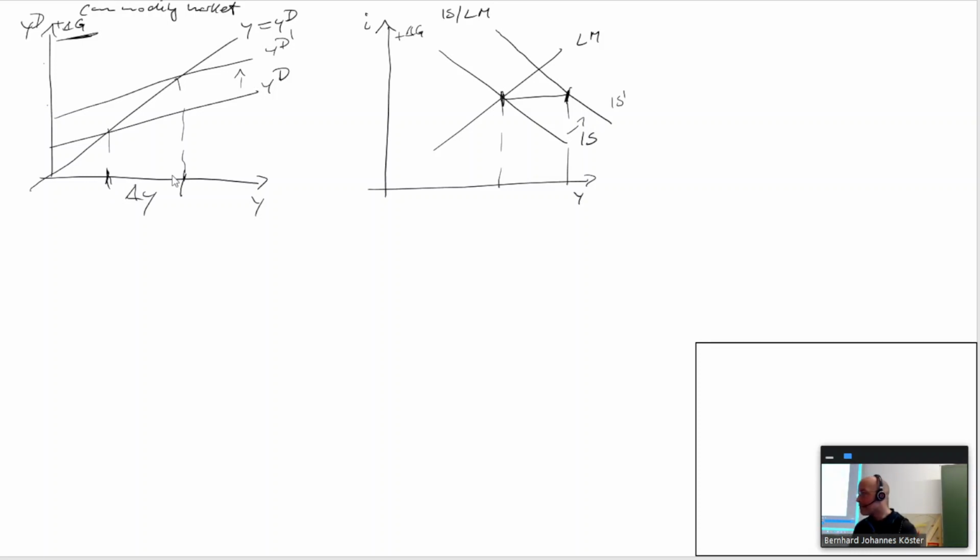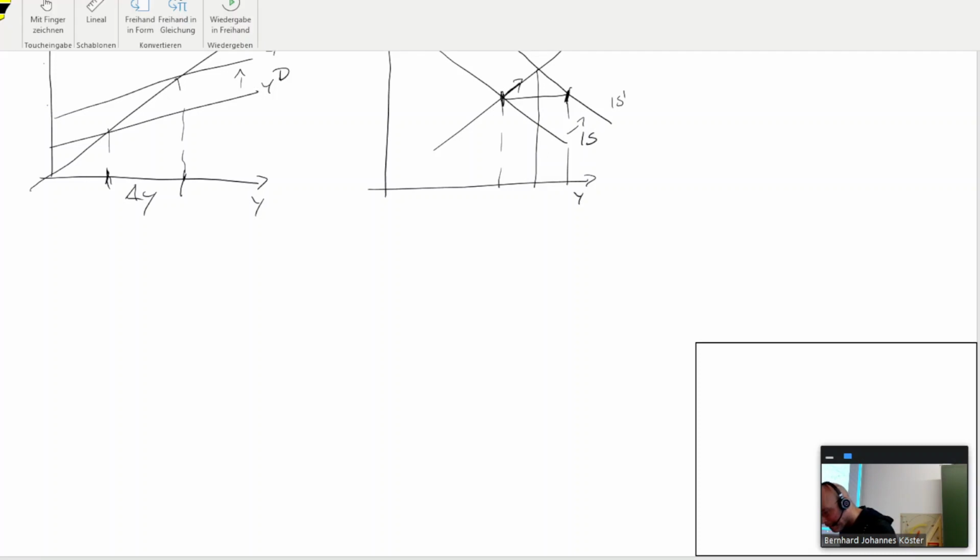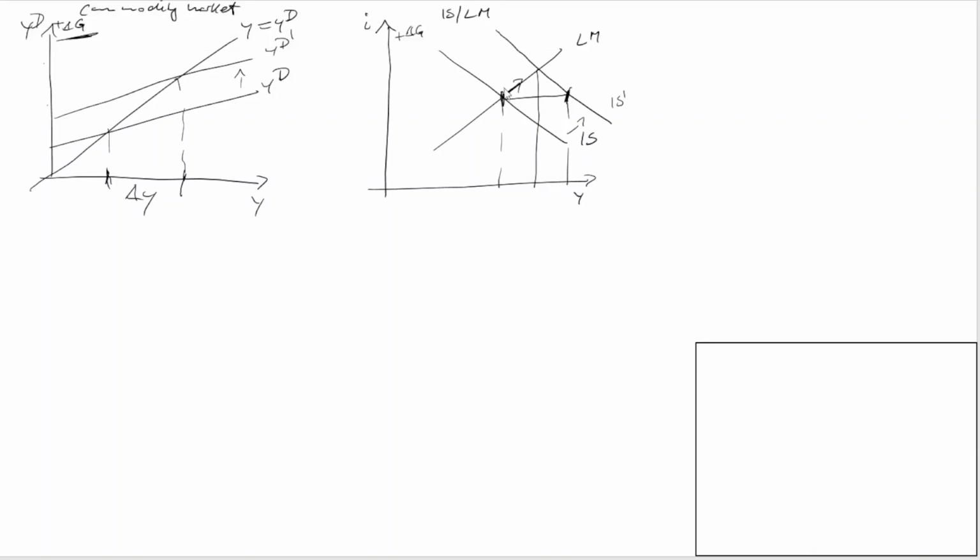But crowding out effect means now interest rates are increasing. If interest rates are increasing, this means that we have to, so to speak, walk on the LM curve. So our impulse is only just this red part here.